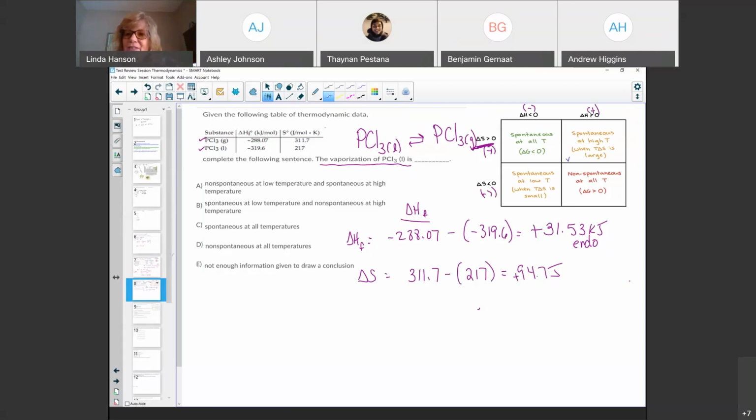I have a positive delta H and a positive entropy. That puts me in this quadrant of this chart. This reaction is spontaneous at high temperature when T delta S is large.